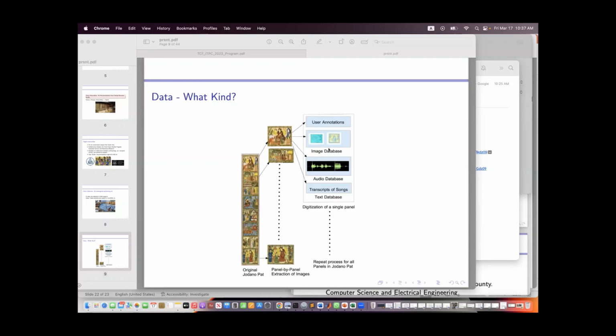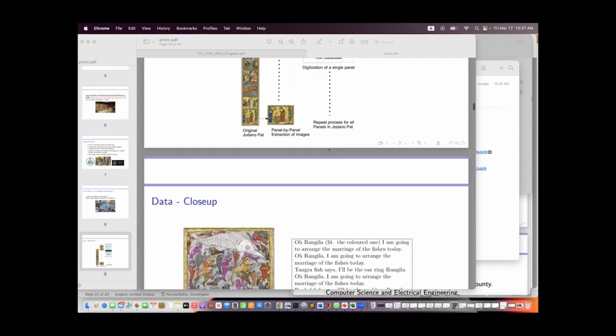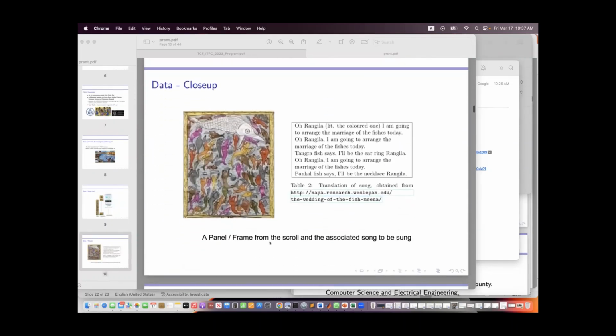So this just gives you an idea of the scale of things, because from a given scroll, and here's another close-up of that, we not only do a transliteration from the original language, which in this case is Bengali, and we then translate it into English.